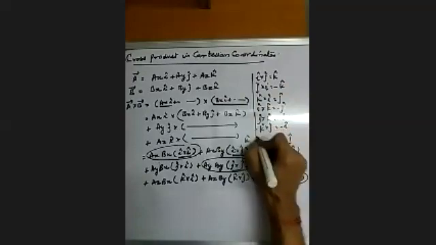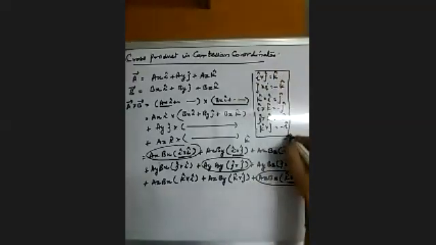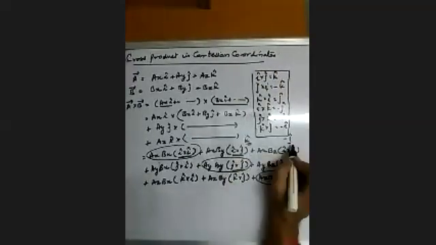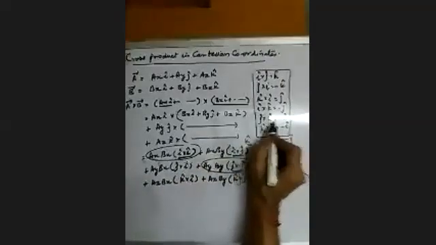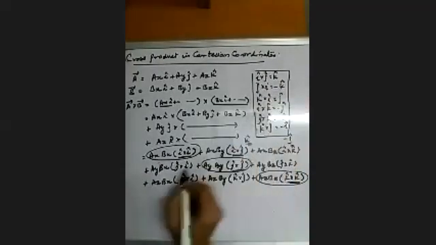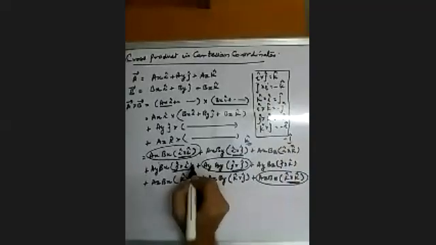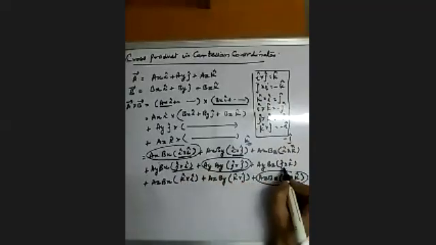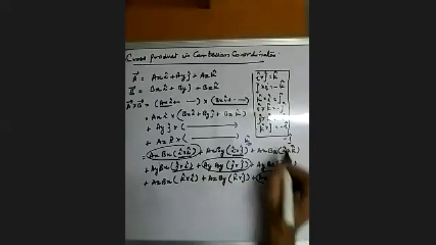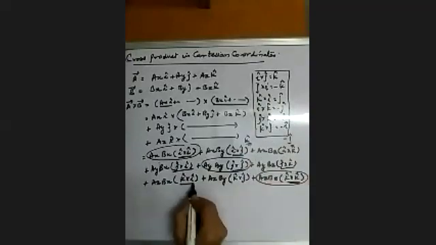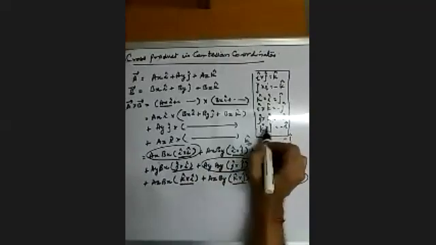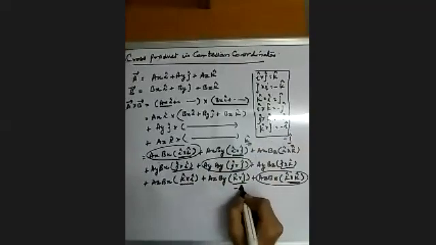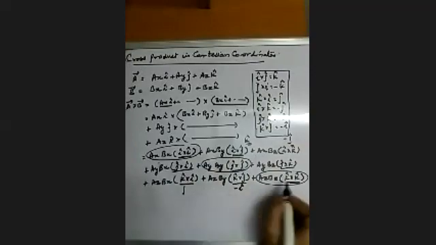So using this, we are going to replace these values. Now j cross i is minus k here, j cross k is i, k cross i is j, and k cross j is minus i, and k cross k is 0.